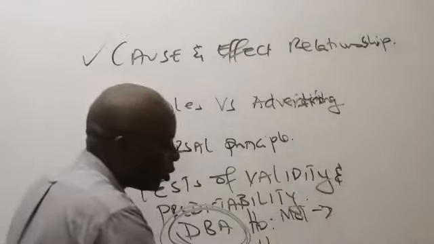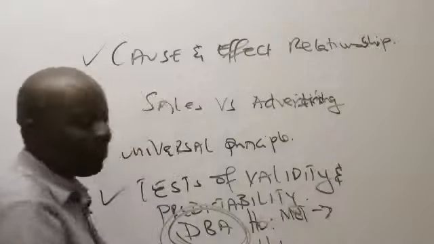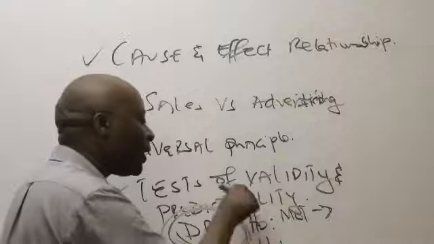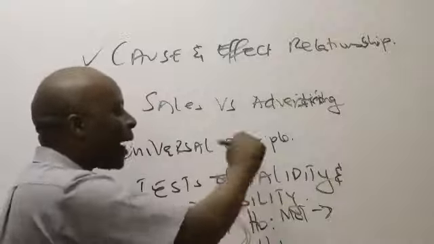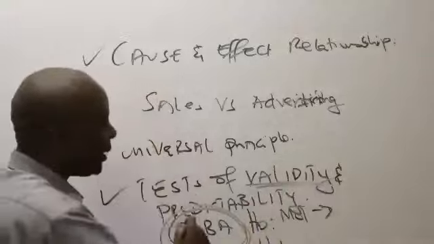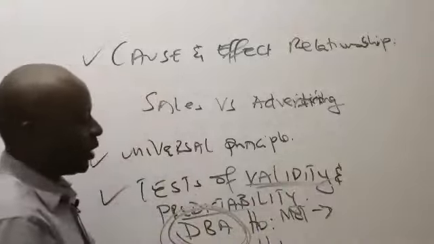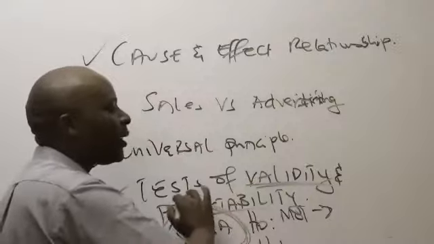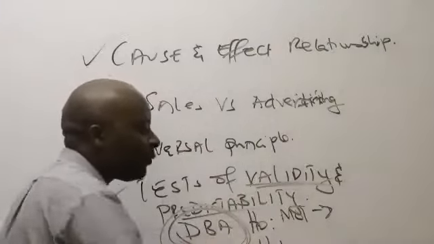And then we have what we call the alternative hypothesis, which normally is the opposite of this. So we are able to test our management hypotheses, whether they are valid. We can easily predict using regression. This tells us that management is something that is a science, is something that is scientific.